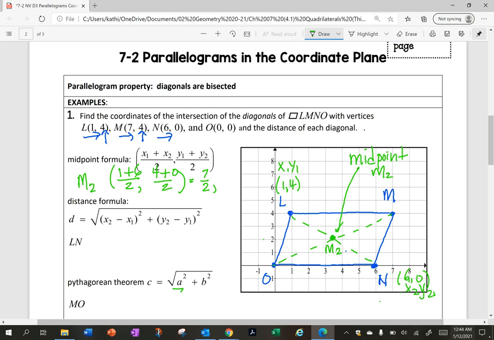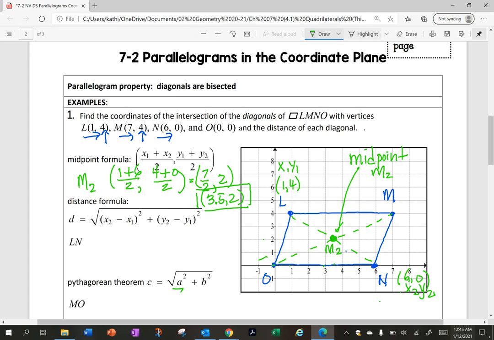And 4 plus 0 is 4, divided by 2 is 2. Usually in the coordinate plane we write those in decimals, so this is 3.5, 2. If I look, my point 3.5, 2 is basically where I drew it. So here's the midpoint of the diagonals.